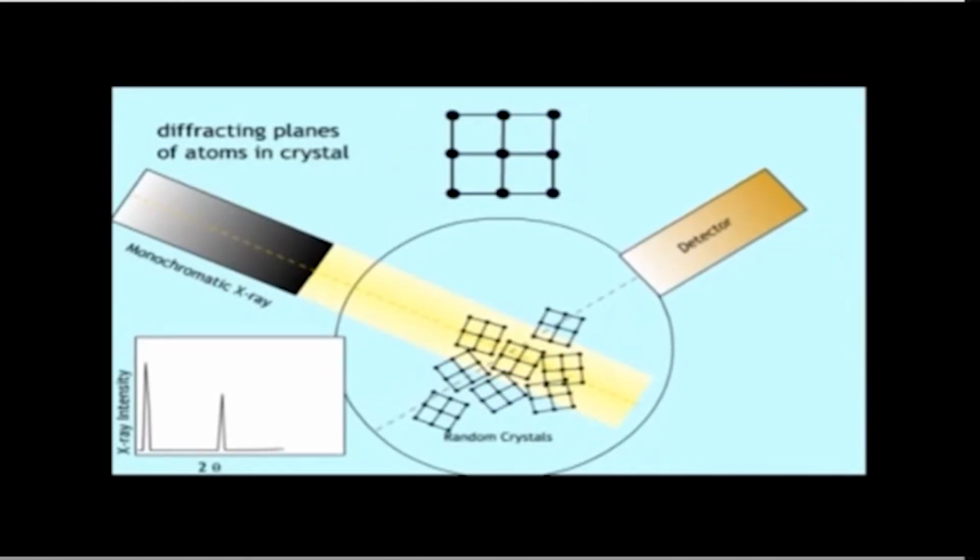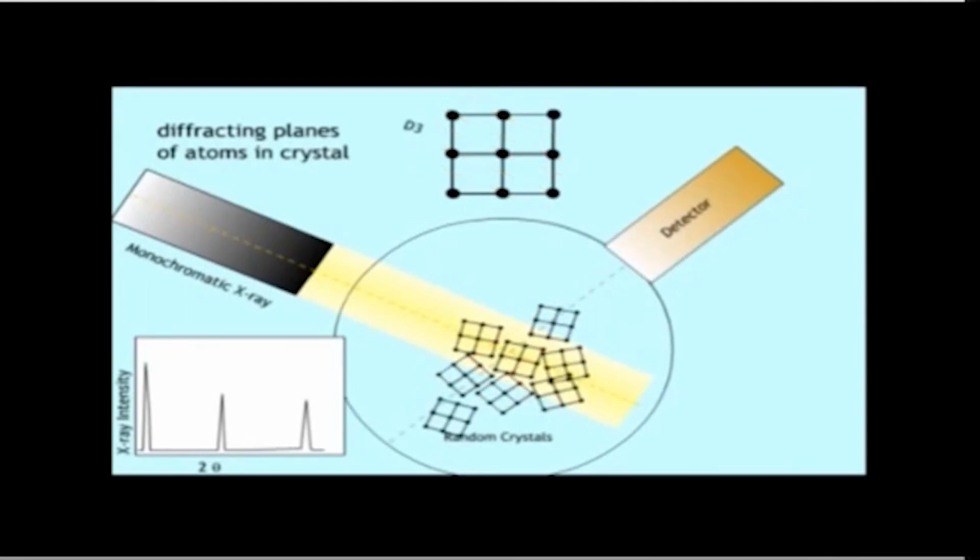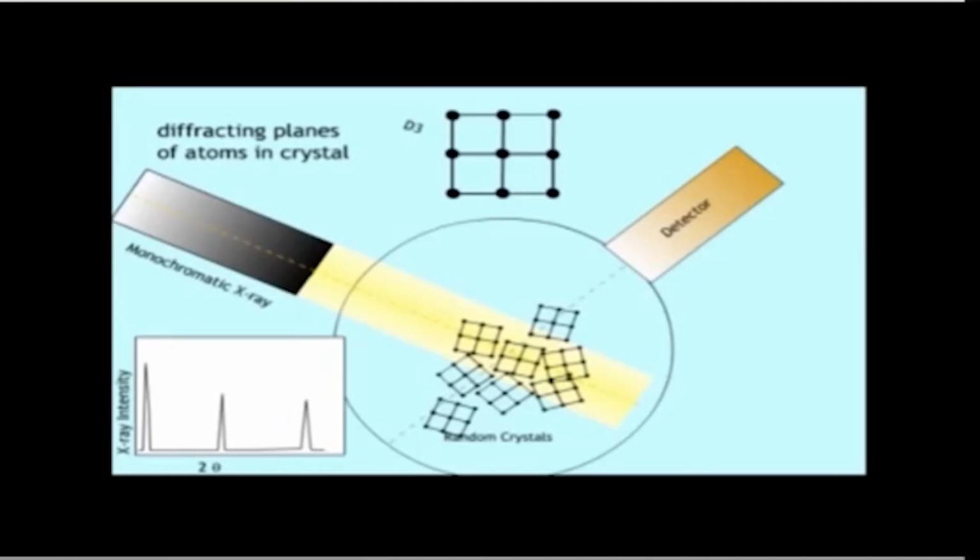Basically, the whole thing works in such a manner that as you have a regular crystal structure, the regular distance between these lattice planes works in terms of the diffraction of the crystal.